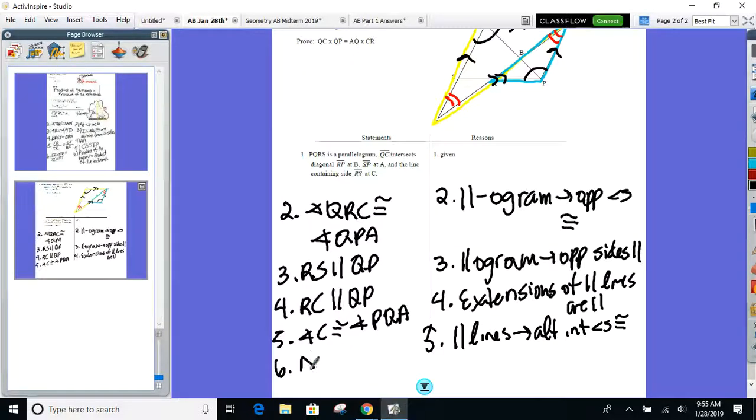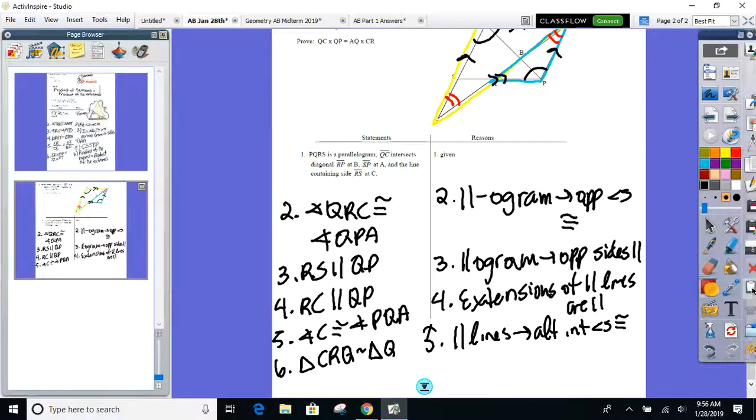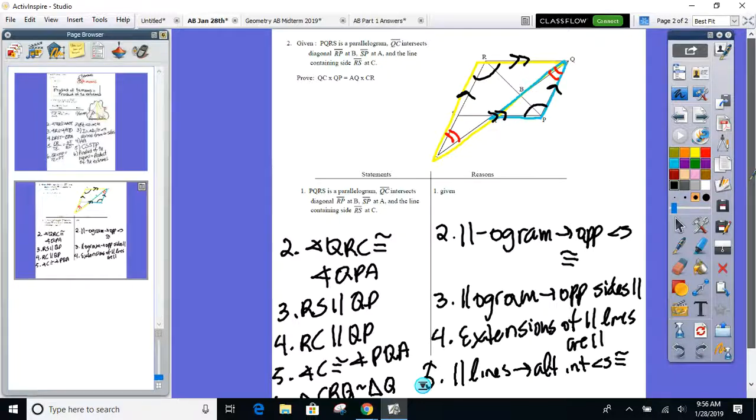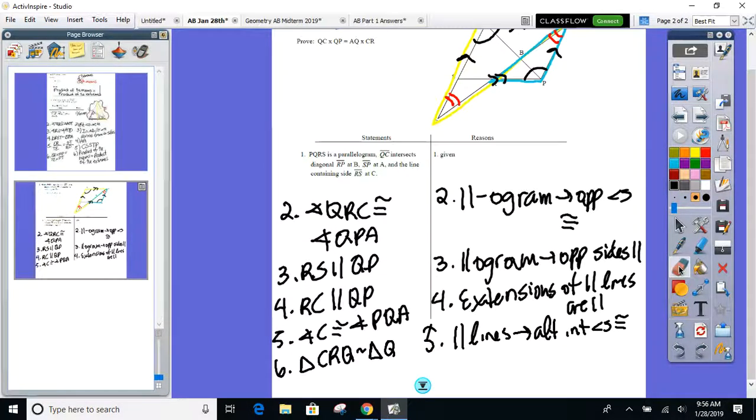Triangle CRQ is similar to triangle PQA. I'll take your word.